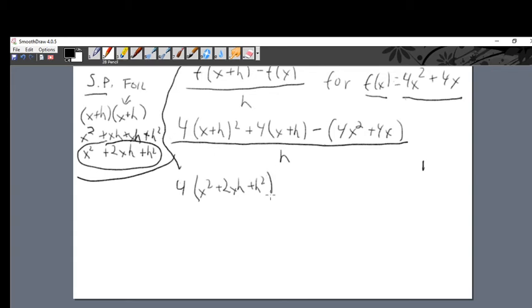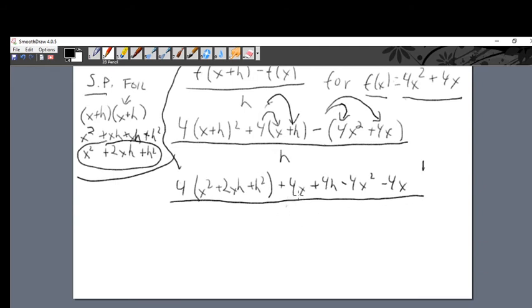So I need to multiply that by the 4 in front of it. Now, what's next over here? What's 4 times x? 4x, right? What's 4 times h? 4h. Okay, what's minus 4x squared? Minus 4x squared is minus 4x squared, obviously. And minus 4x is minus 4x. All of that over h.